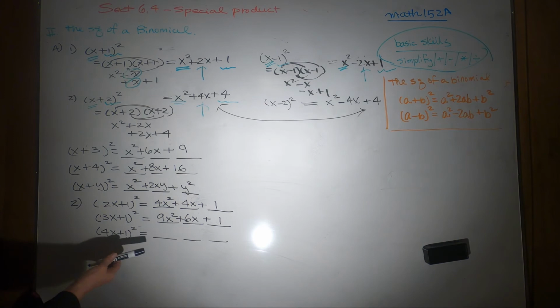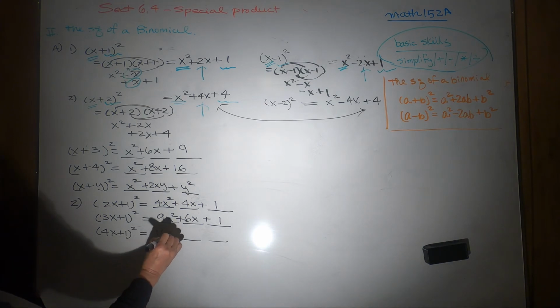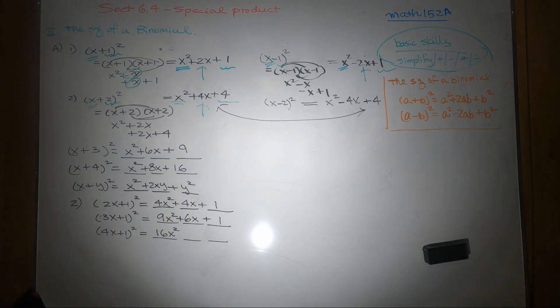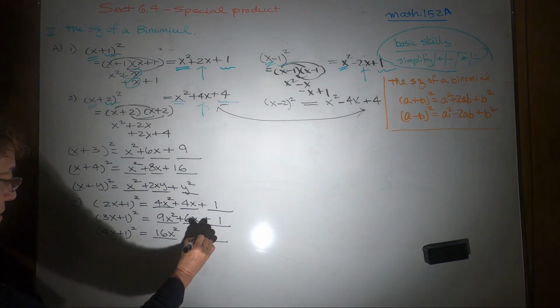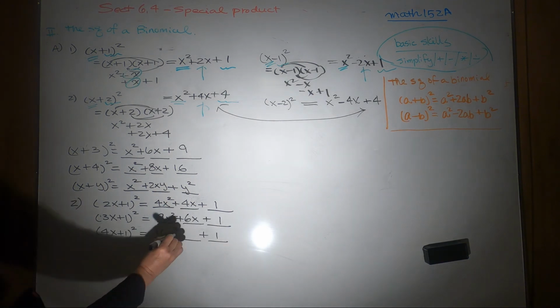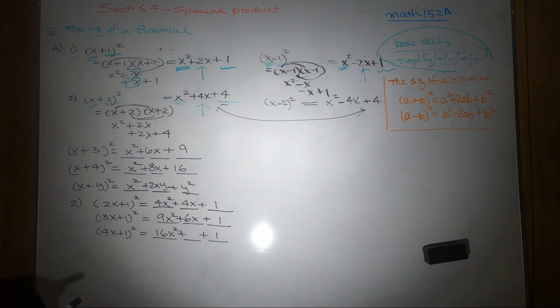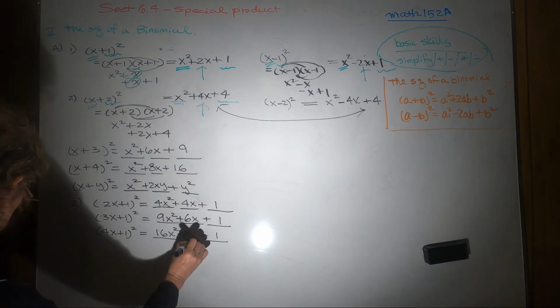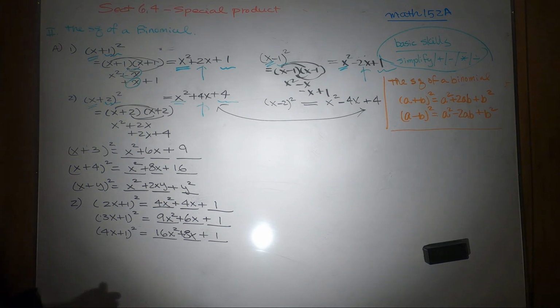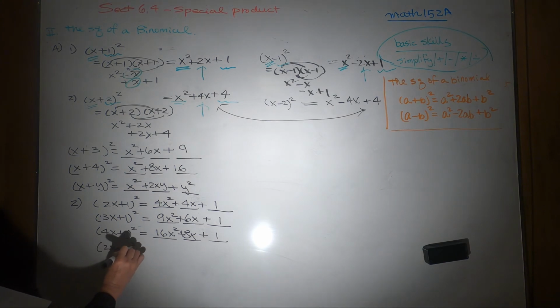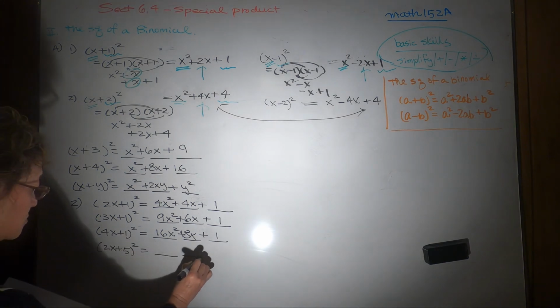First term, 4x times 4x, 16x squared. 1 squared, 1. Middle one, 4x times 1, 4x. Double it, 8x. Right? So, pretty straightforward, right?